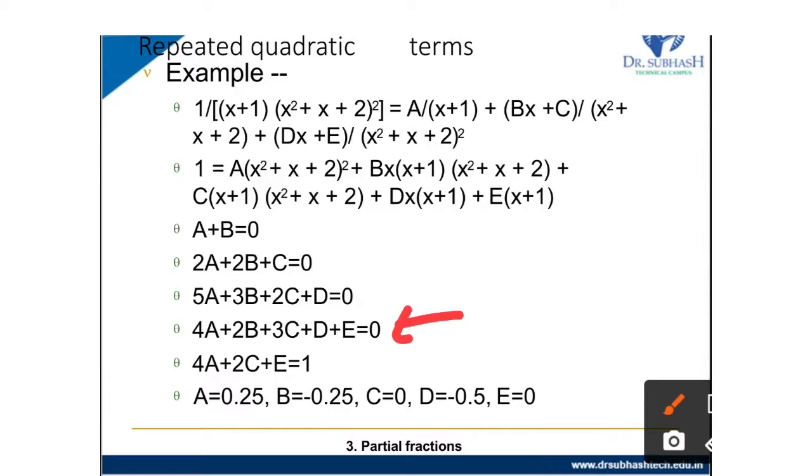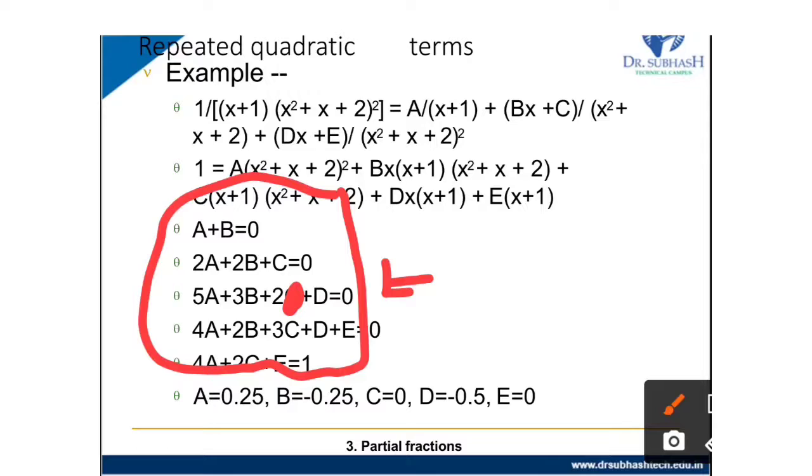So after calculating, a plus b equal to 0, we will put it in 2a plus 2b equal to 0, then c equal to 0, then 5a plus 3b plus 2c plus 2d, where we put c equal to 0. By solving all these equations we will get a equal to 0.5, b equal to minus 0.25, c equal to 0, d equal to 0.5 and e equal to 0.